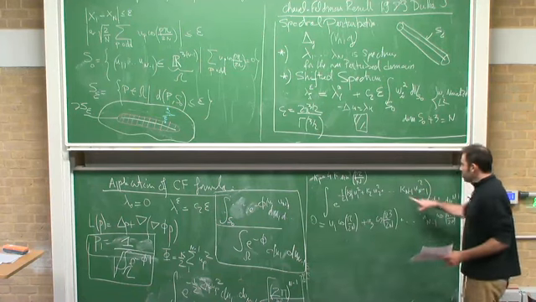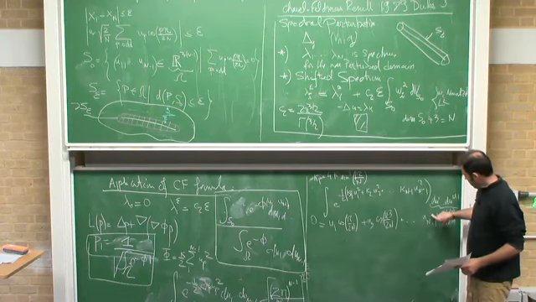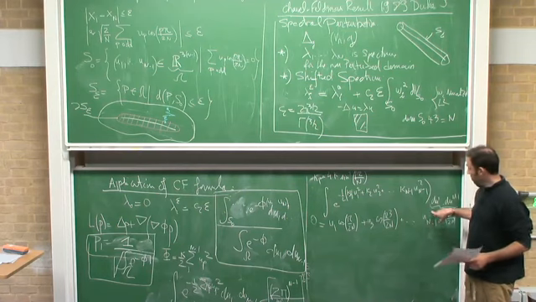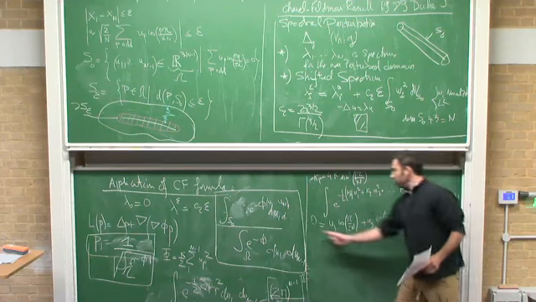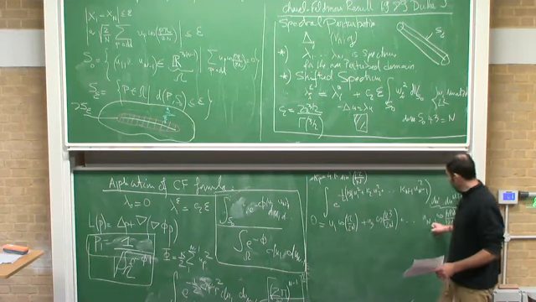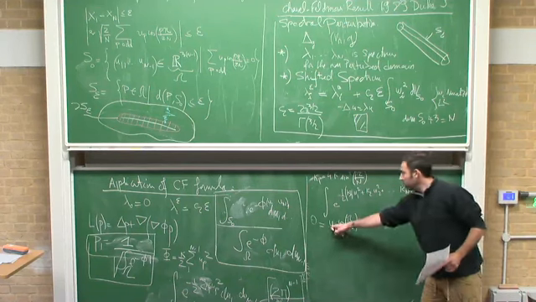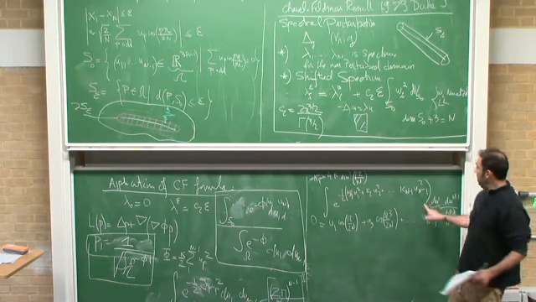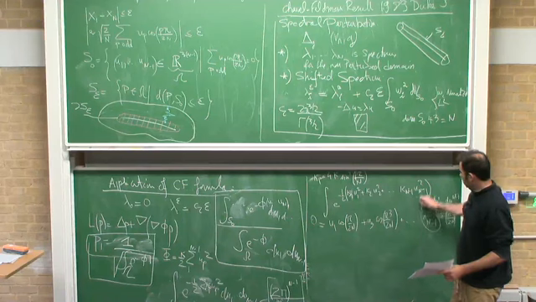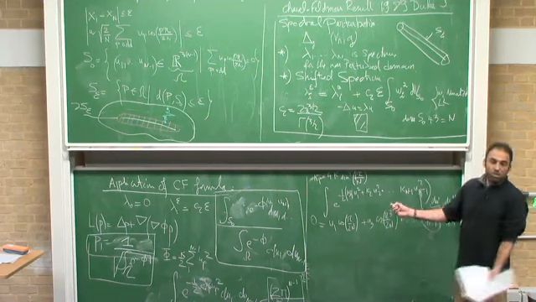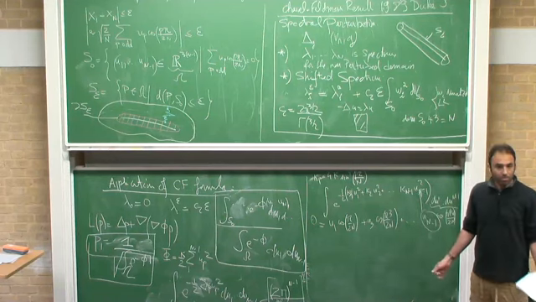Which means that un minus 1 can be written as a function of the others. Un minus 1 is now a combination of u1, u3, so you take this, put it here, and now we just square it.